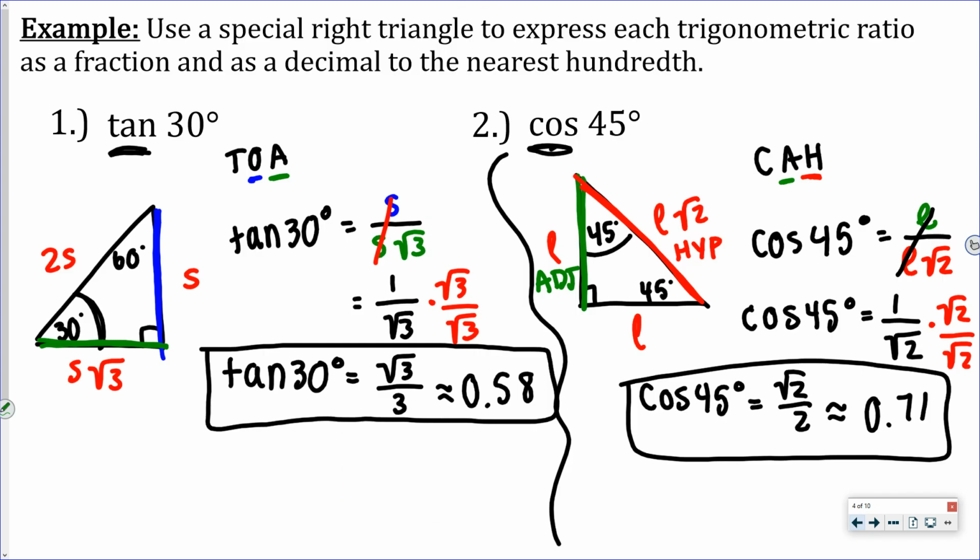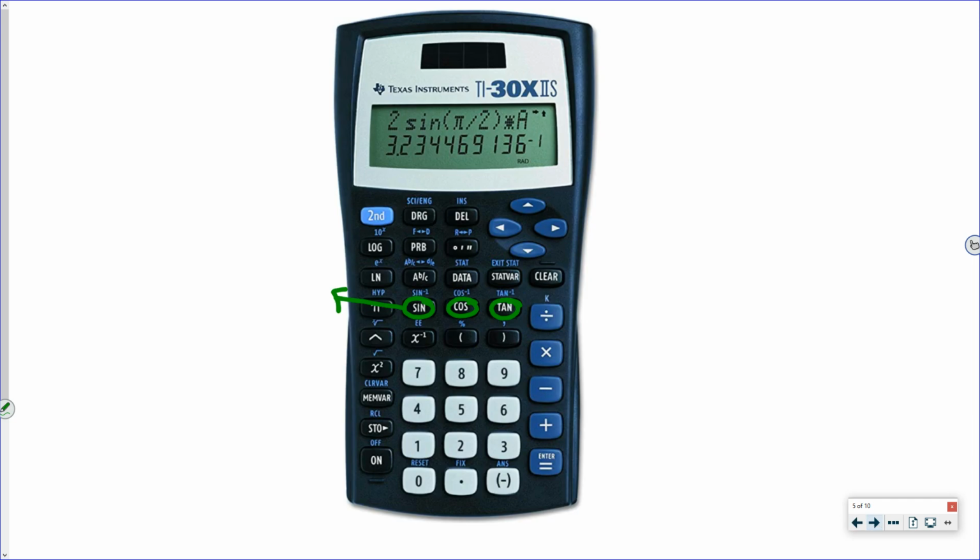So let's try to type this one in our calculator right here. Type in the tangent of 30 degrees. One thing. See how this calculator on the sheet says RAD in the bottom corner? Your calculator should say DEG. DEG right here. Does anybody say RAD? Yours says?